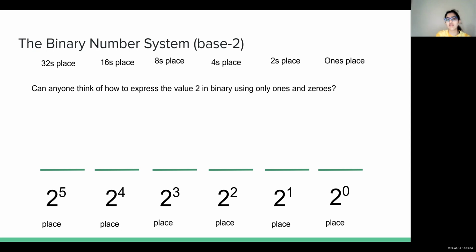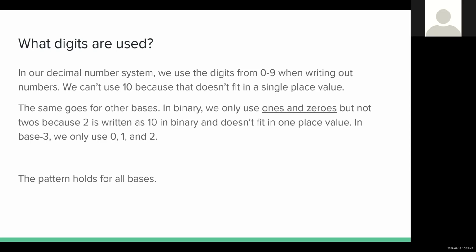So how do you express the value of 2 in binary using only ones and zeros? You do 2 to the power of 1, which is 0, 0, 0, 1, 0. By this point, if I give you a random number, you should be able to understand how to express it in binary. And if I give you a random number in binary, you should be able to know how to express it in decimal.